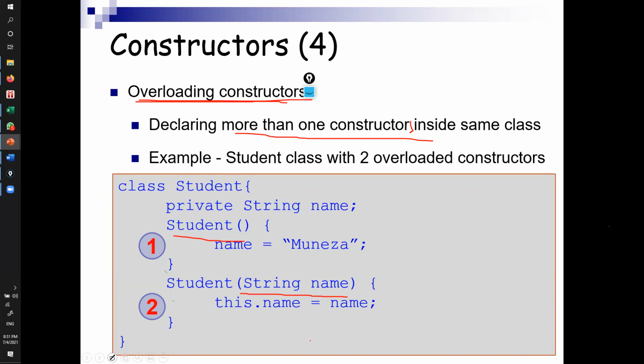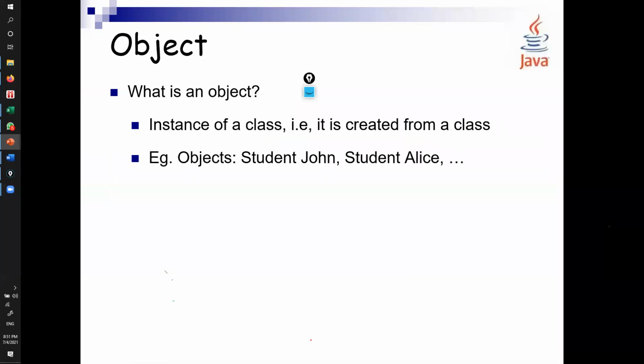You can have another constructor with maybe two parameters. So the same logic: the concept of method overloading is similar to the concept of constructor overloading. You have more than one constructor inside the same class. We'll come to this when we do some more examples.